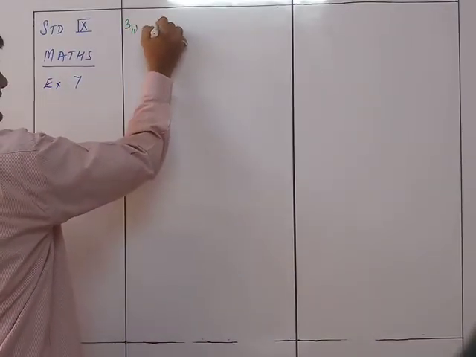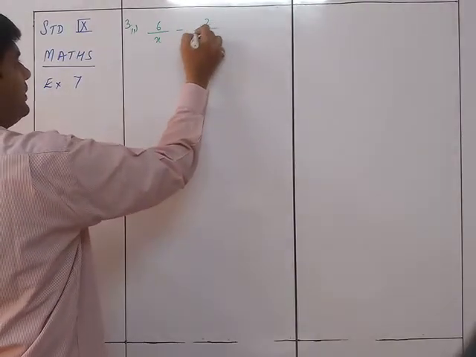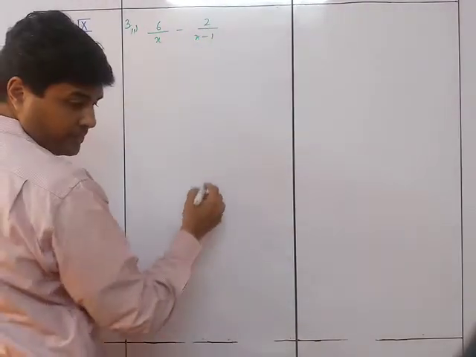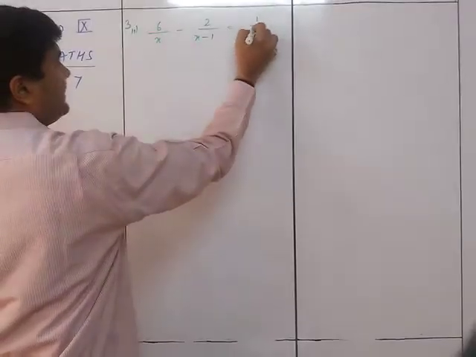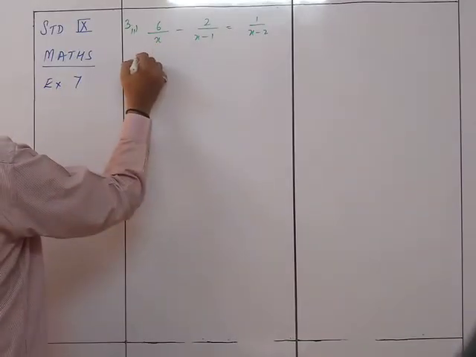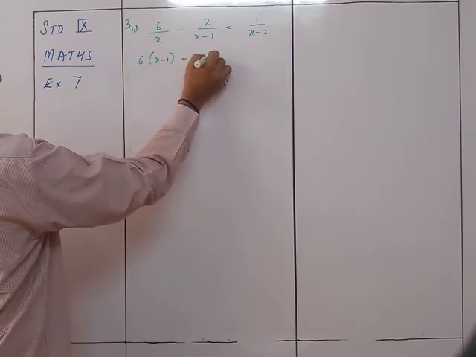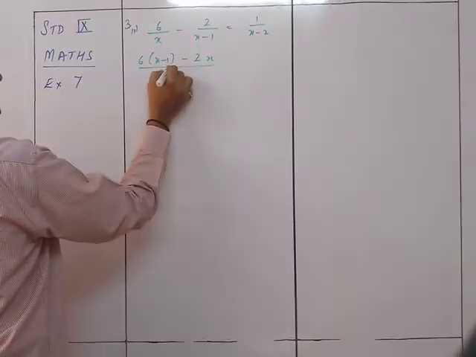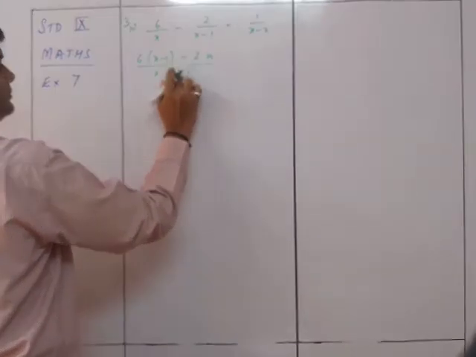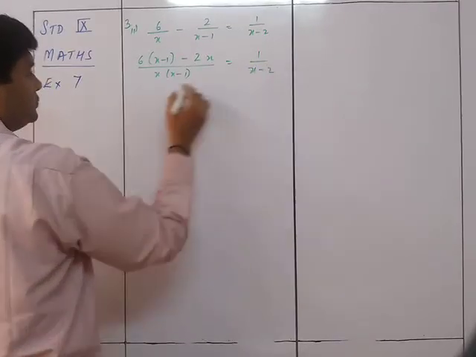It's given as 6 upon x minus 2 upon x minus 1 is equals to 1 upon x minus 2. Okay? LCM 6 into x minus 1 minus 2x upon x into x minus 1 is equals to 1 upon x minus 2.